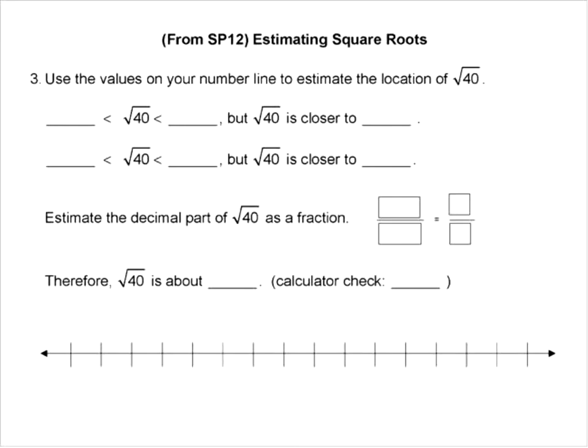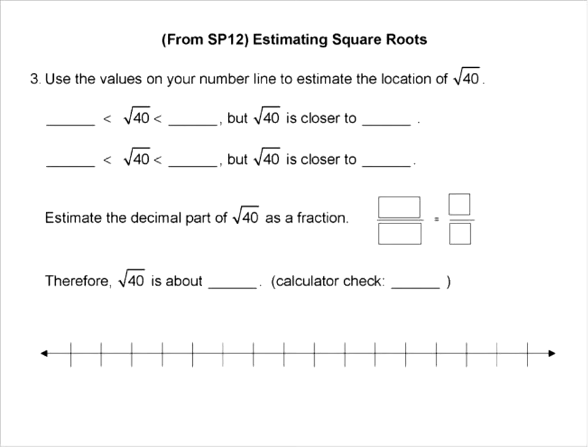Here's another one. We just did an example using 2 different ways, the number line and then the area model, to help us estimate the fractional part of the square root of 27. Now let's try the square root of 40.